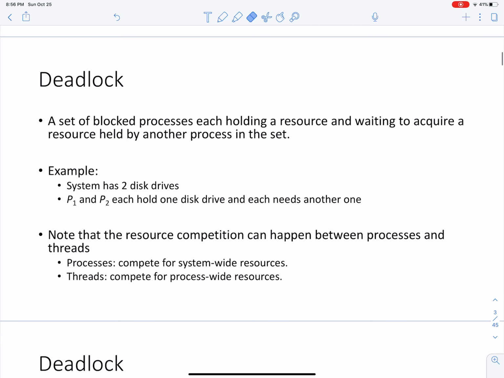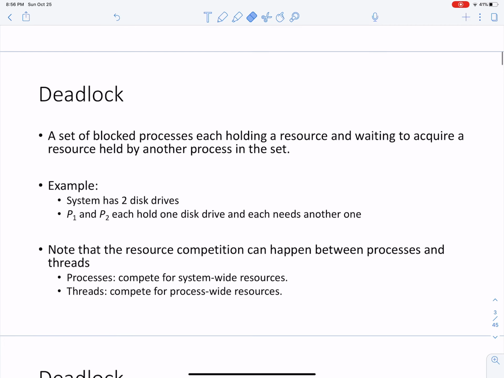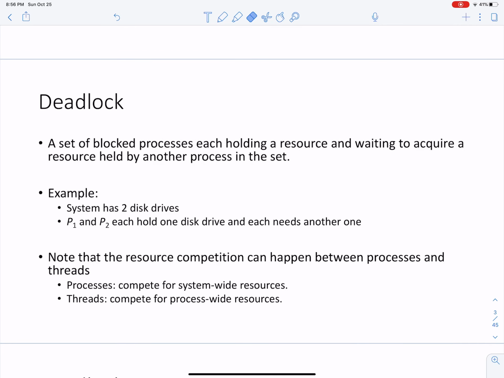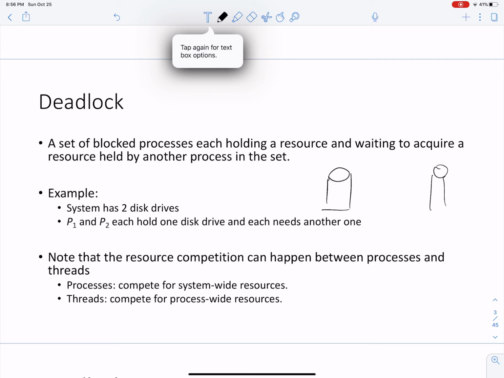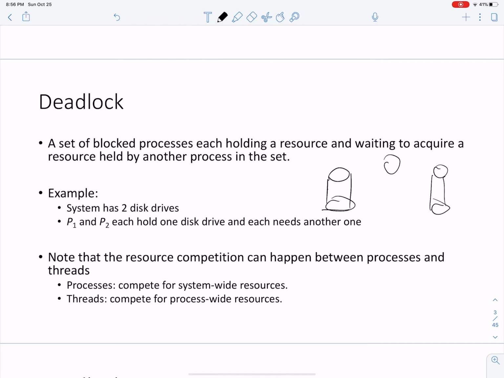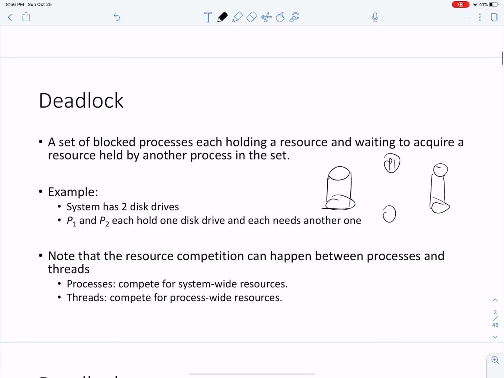Let me give you an example. Suppose in a computer system we have two hard drives, hard drive 1 and hard drive 2, and currently we have two processes that are running, P1 and P2.